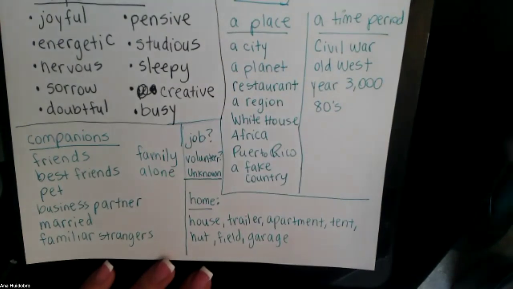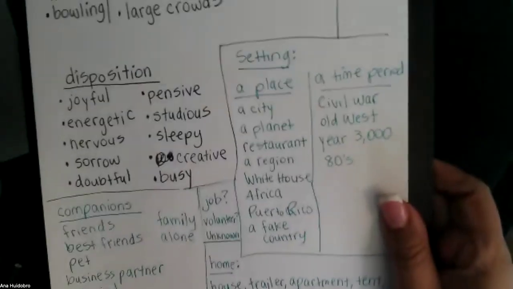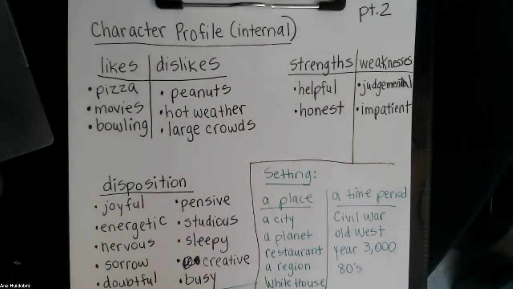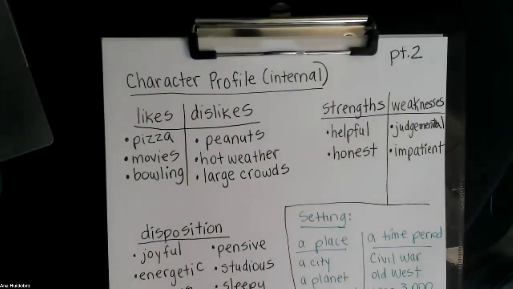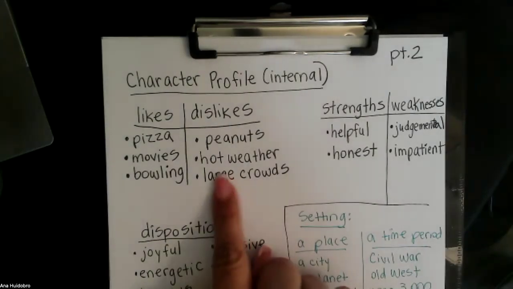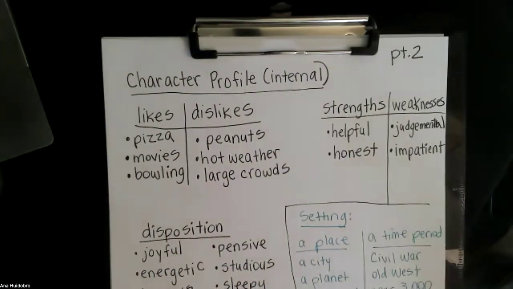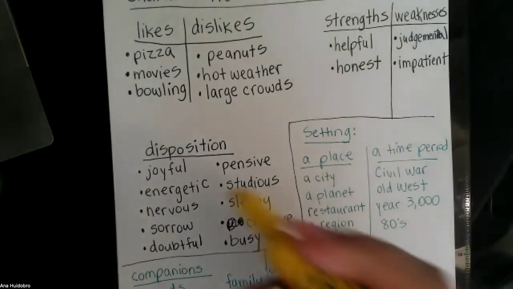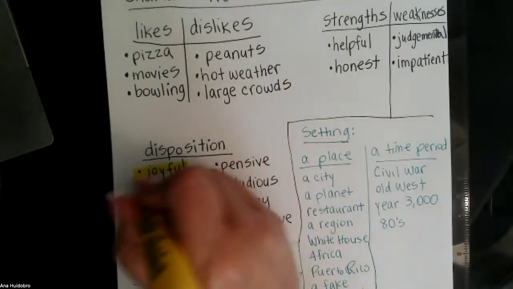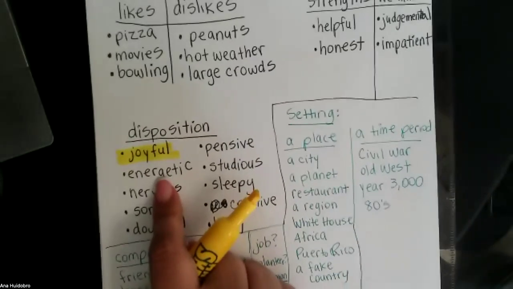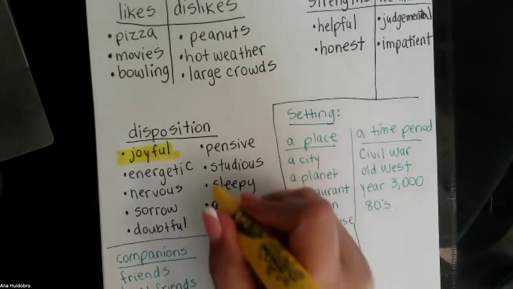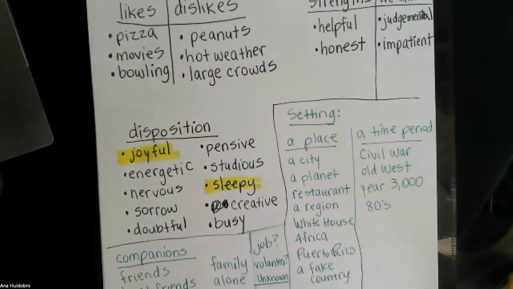Excellent, excellent. So I'm going to let you know about my awesome character, George McTrunk. I already let you know his likes, dislikes, strengths, weaknesses. For disposition, I'm going to make him joyful, and kind of sleepy yet joyful.